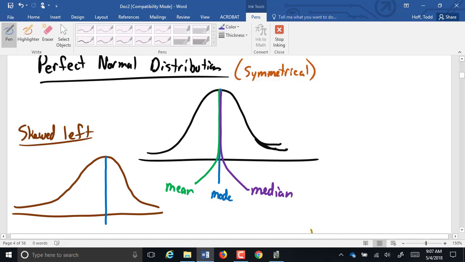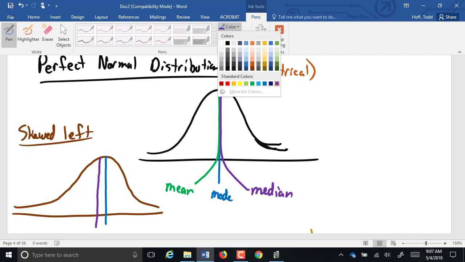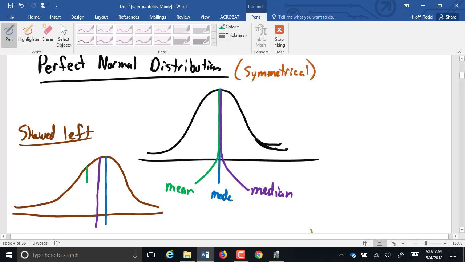The median is going to be in purple. The median moves over a little bit in the direction of the skew. The mean moves over a lot. Depending on how skewed it is, the mean moves the furthest. It always moves the furthest. So if you calculate the mean, median, and mode, by comparing them, you can tell which way the data is skewed.